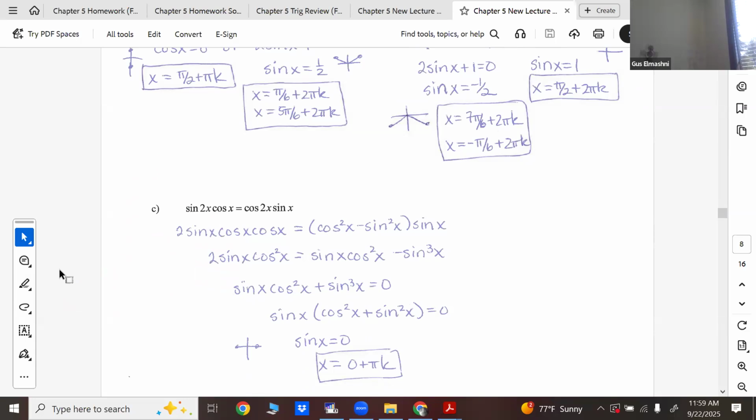That's why you sometimes have to think ahead, like three or four moves ahead, kind of like in a game of chess, looking at how many moves you're going to make to get where you need to get. But yeah, you move the sine cubed x over, factor it out, and recognize that's 1. That's lovely. If you did 1 minus 2 sine squared x, I think that would have been okay.